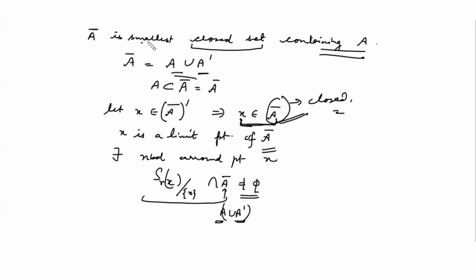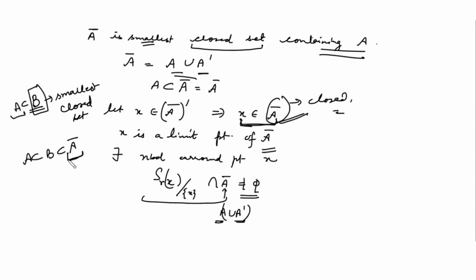Next, you want to show that it is the smallest one. So for this, you choose any other set. Let's suppose B is a closed set containing A. This B is the smallest closed set containing A. If it is the smallest one, then clearly this holds, because we have already proved that A closure is a closed set containing A. And this is the smallest one, so it should be contained in A closure.